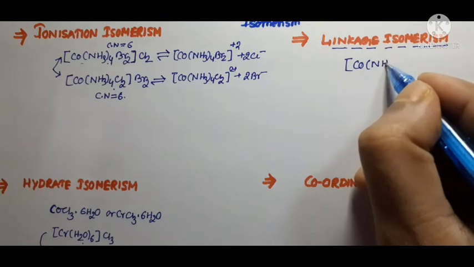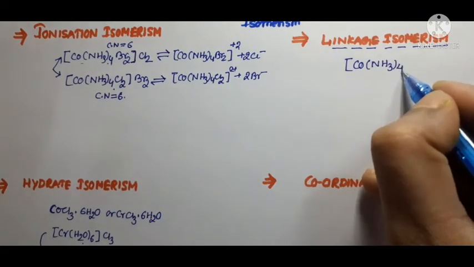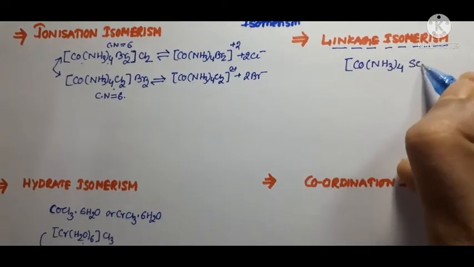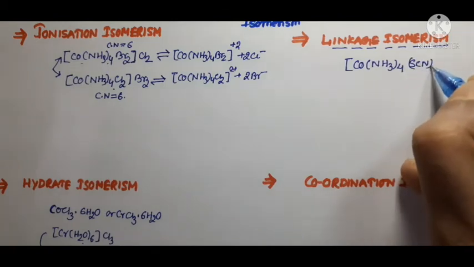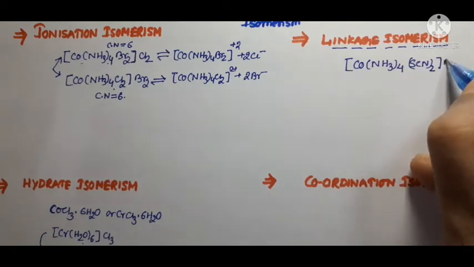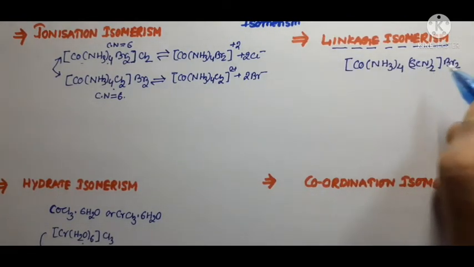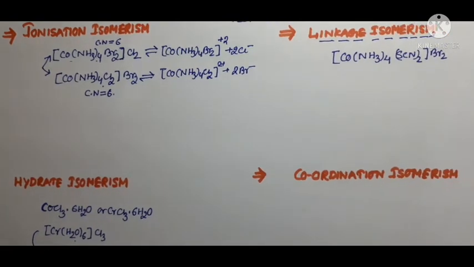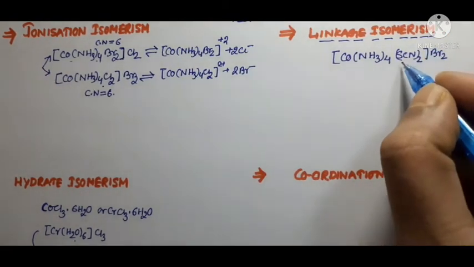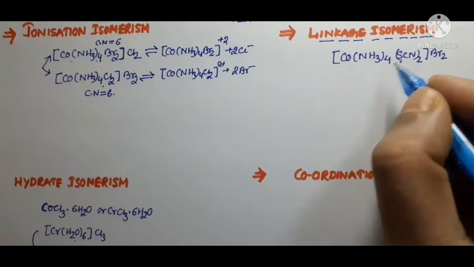So we can write like this: [Co(NH3)4(SCN)2]Br2, with Br2 outside of the coordination sphere. Here SCN, we have already mentioned, is an ambidentate ligand, and the donor site in this case is sulfur.